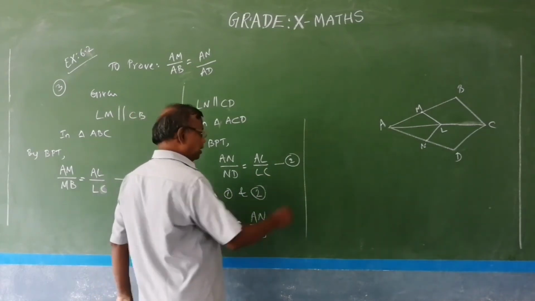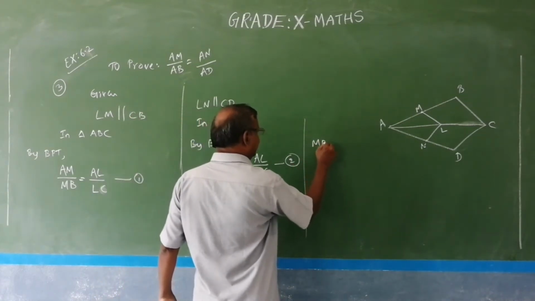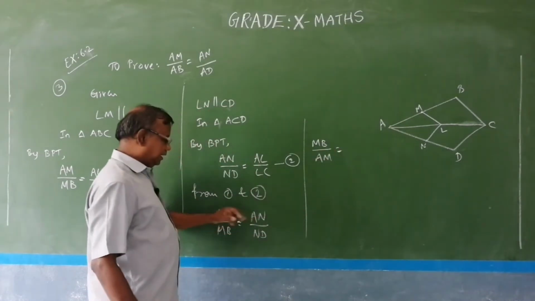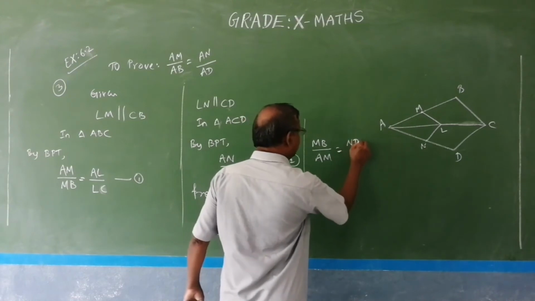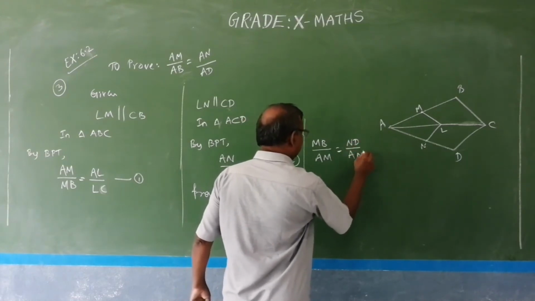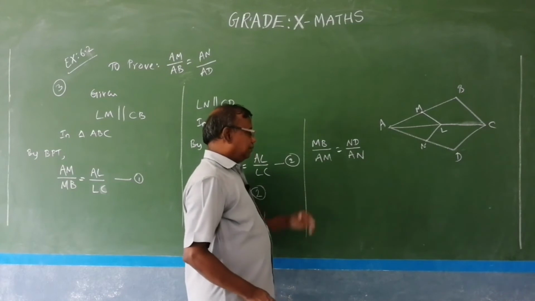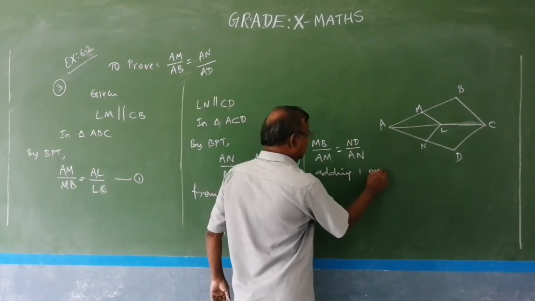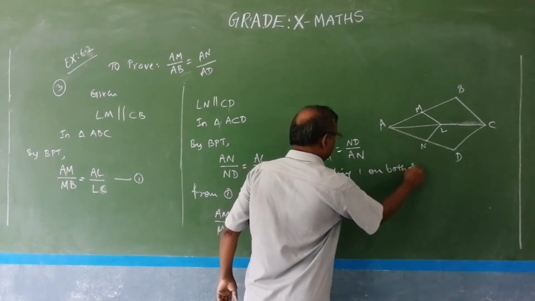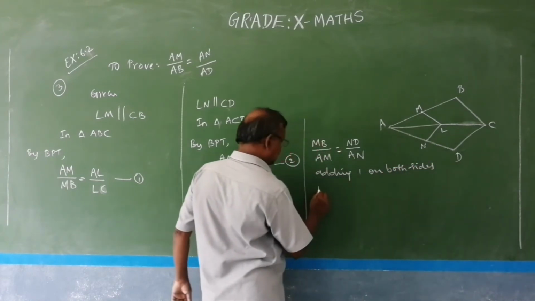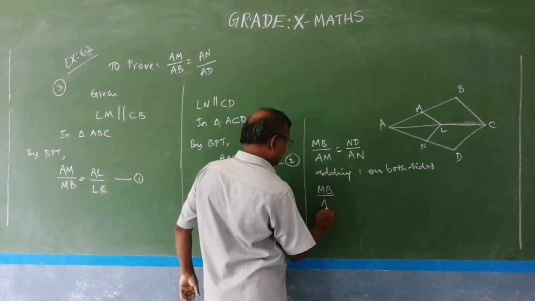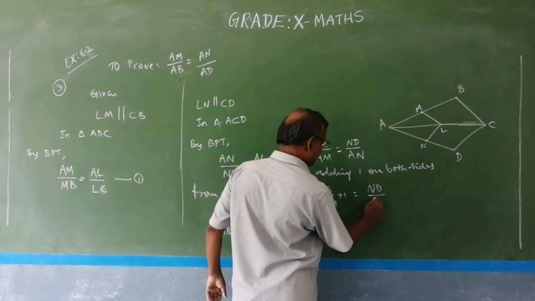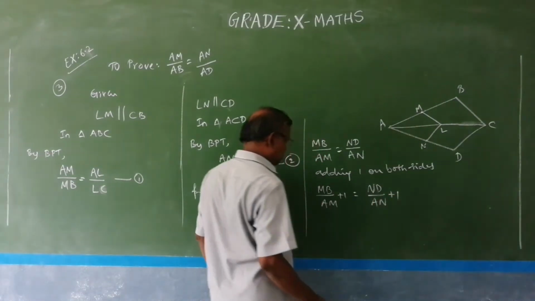When we take reciprocal, MB divided by AM equal to ND divided by AN. Now adding 1 on both sides, we have MB by AM plus 1 equal to ND divided by AN plus 1.